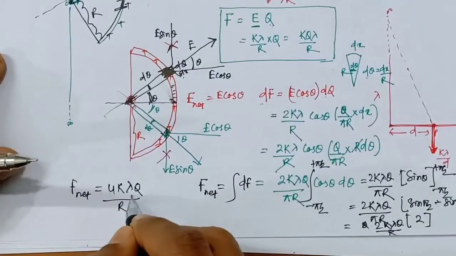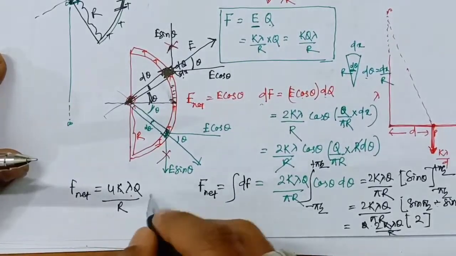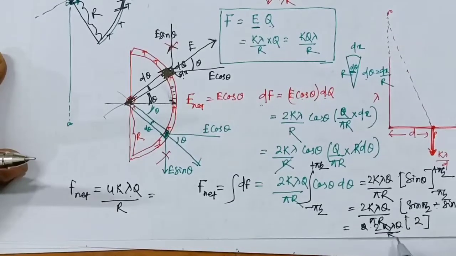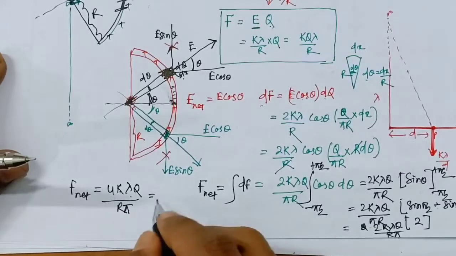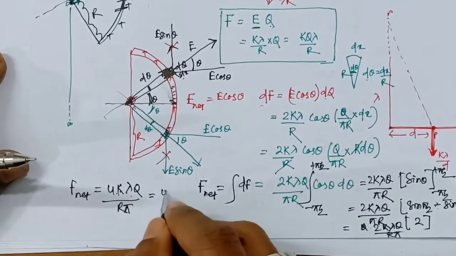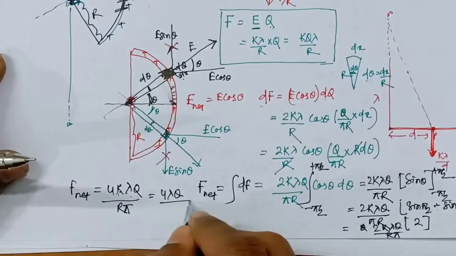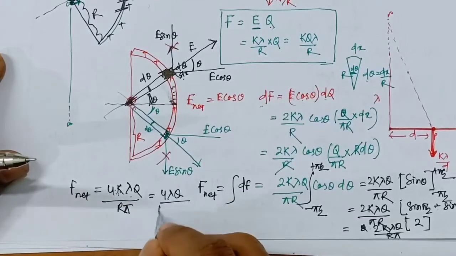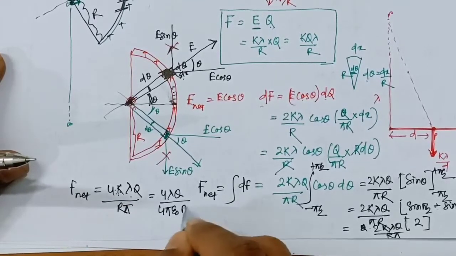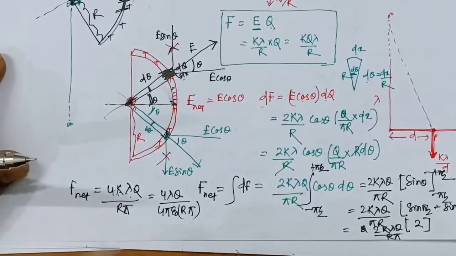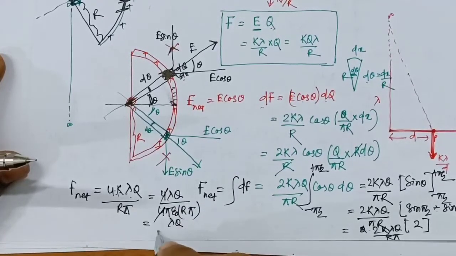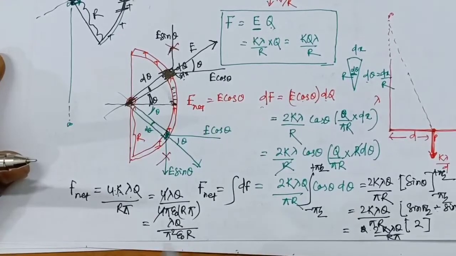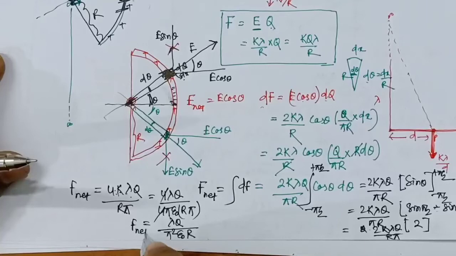If someone wants to substitute the value of k, and π is also here, so the value of k is 1/(4πε₀). The 4 cancels, and the result is coming λq upon π²ε₀r. This is the desired result of the net force.